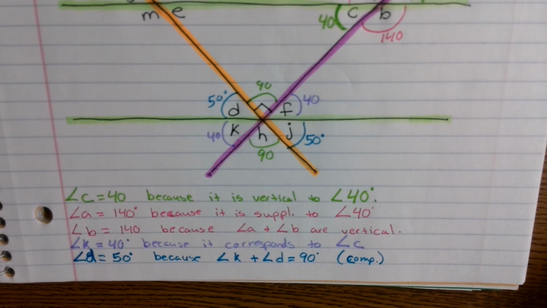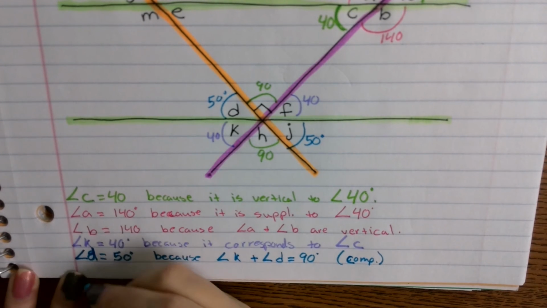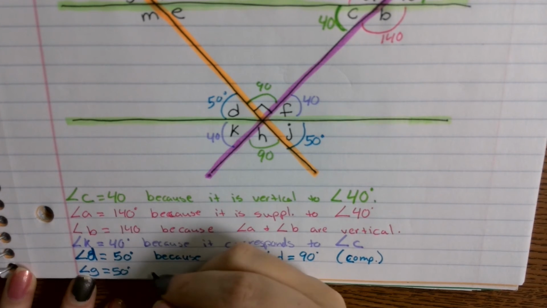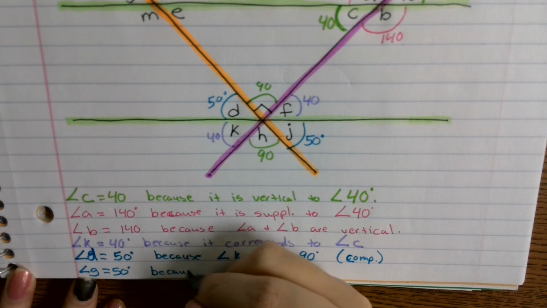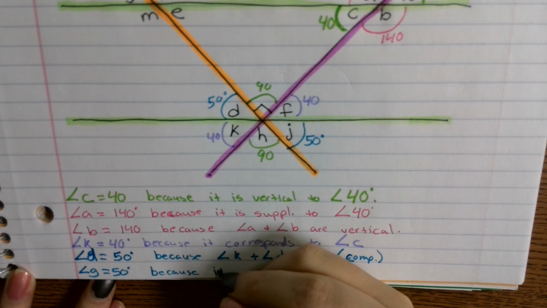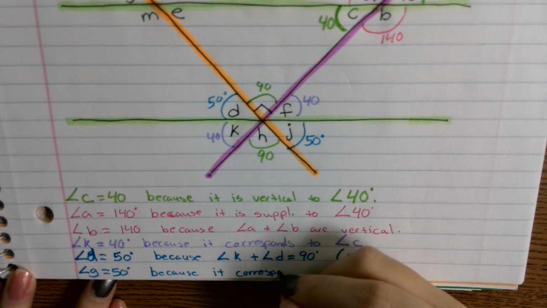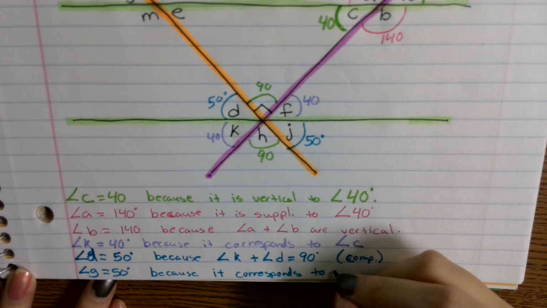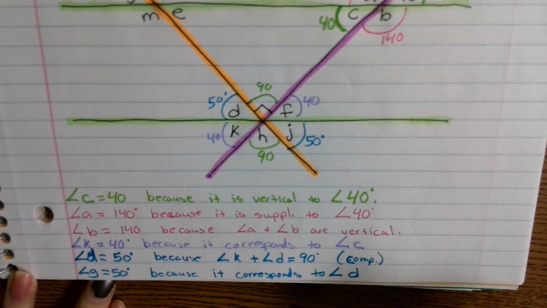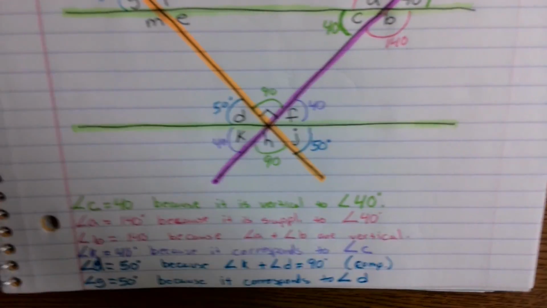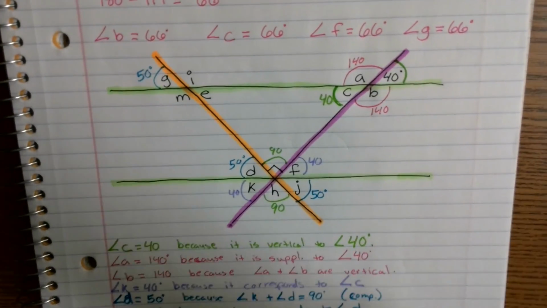Okay, so we know that angle G is going to equal 50 degrees because it corresponds to angle D. So angle G is going to be 50 degrees. And then once you've got one of those angles, you can figure out all the rest.